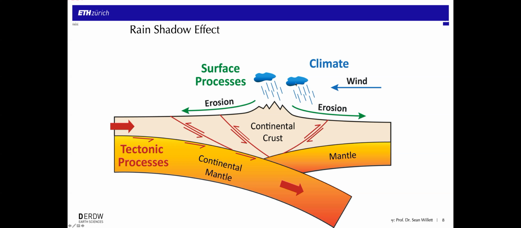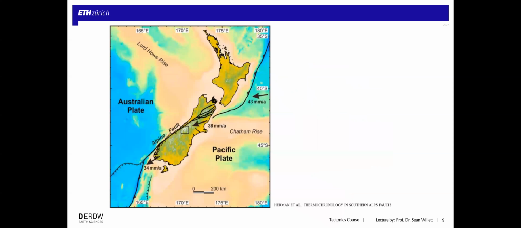Incoming storms tend to rain out as they encounter the mountains, and then there is a drier, rain shadow side, where the rainfall will be very heavy on this side and very dry on this side. And this can actually lead to some detectable differences in the structure and tectonics of a mountain belt.